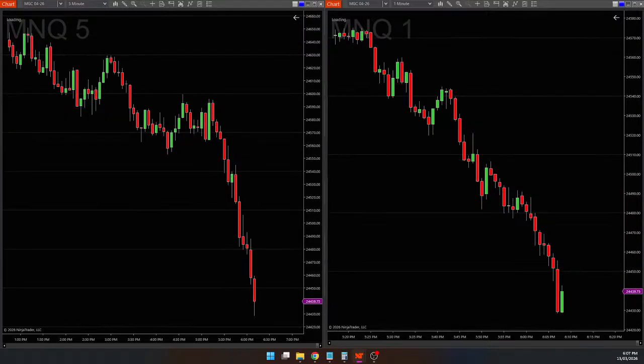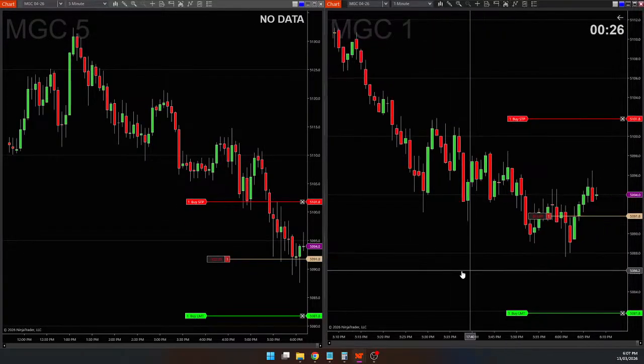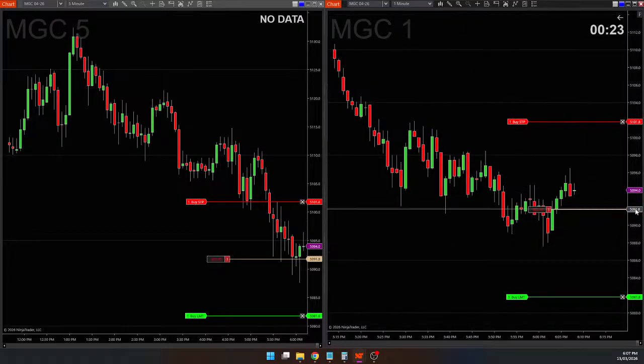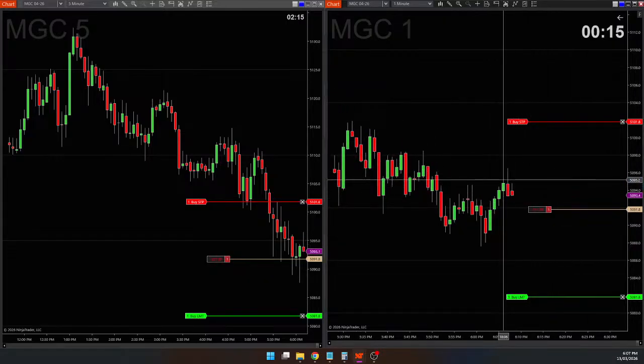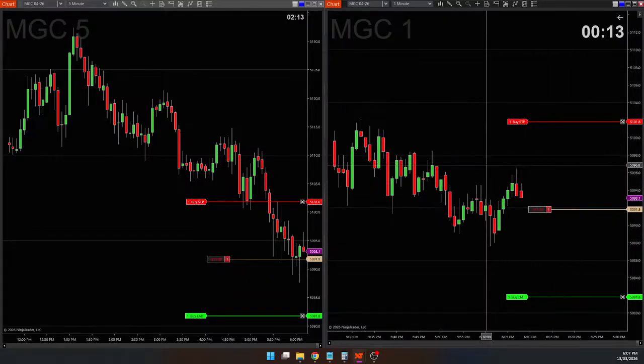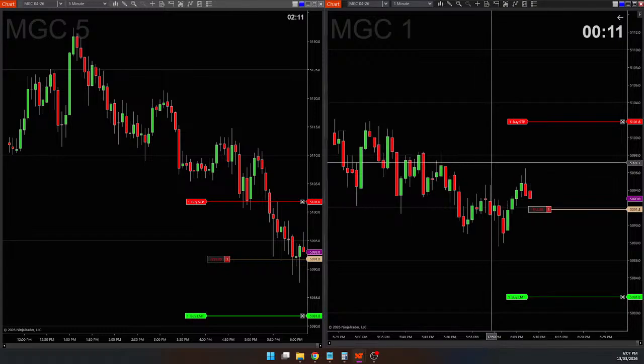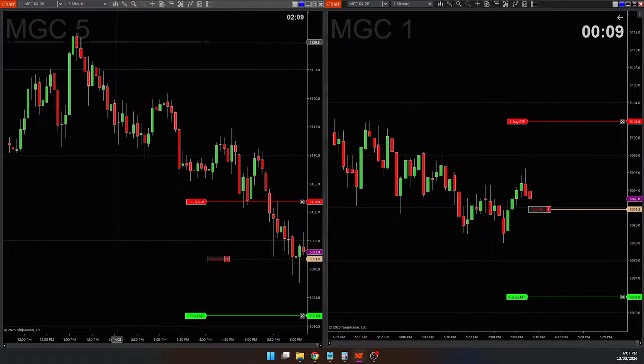Gold is recovering a bit. It's in the negative 20s now. But also considering that this could be a pullback in this new swing up. Who knows? Very unpredictable at the moment, for me at least.